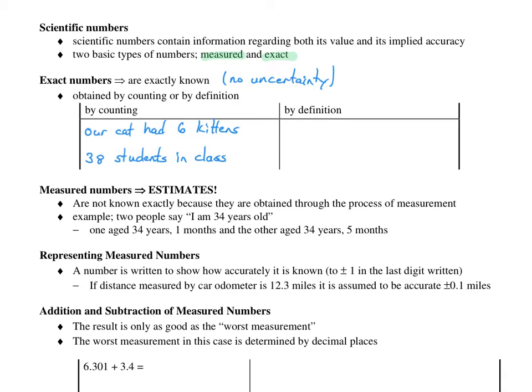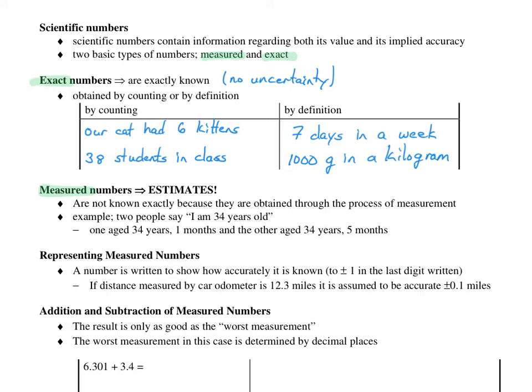The other way exact numbers are obtained is by definition. For example, 1 week is defined as 7 days. A kilogram has exactly 1,000 grams. These numbers have no uncertainty associated with them.